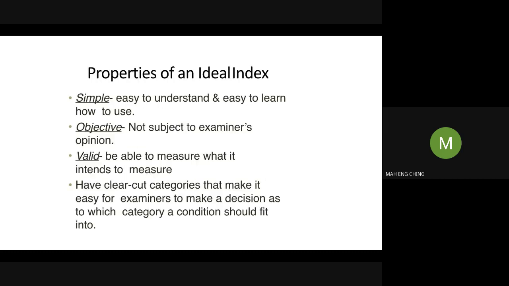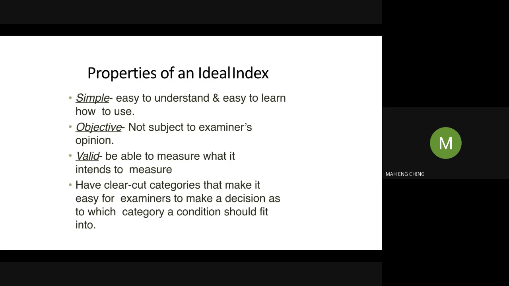So the properties of the ideal index. So what is the ideal index? It should be simple, easy to understand, and easy to learn how to use. Everyone can use it. Keep it simple. It should be objective, not subject to the examiner's opinion. So your opinion and my opinion don't matter. As long as you use the same index, it should measure what we want to measure.